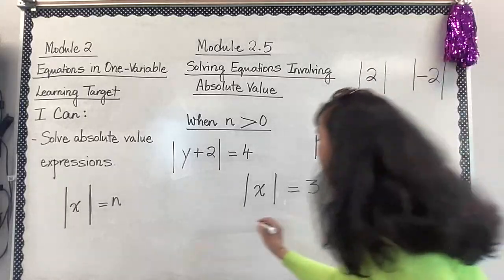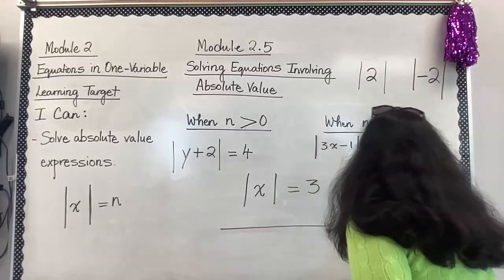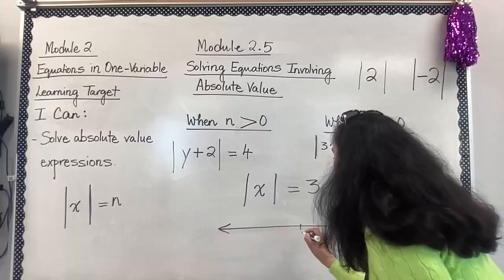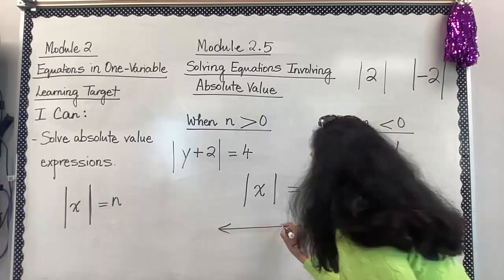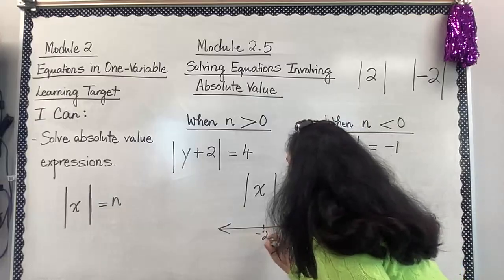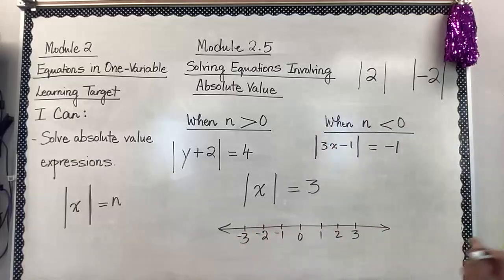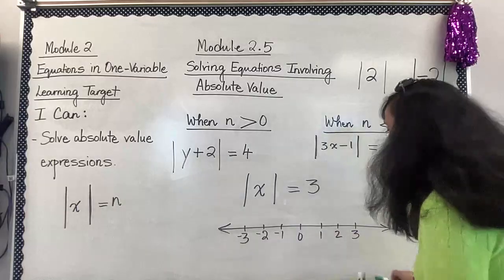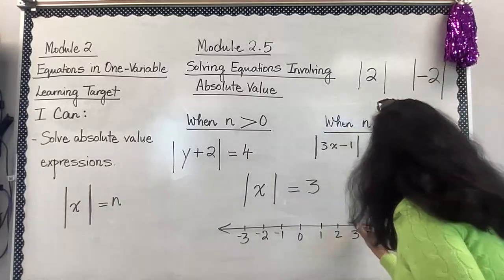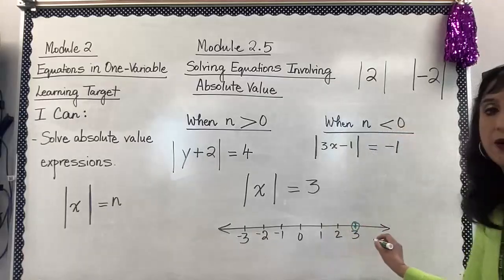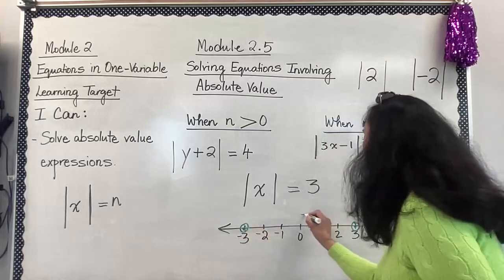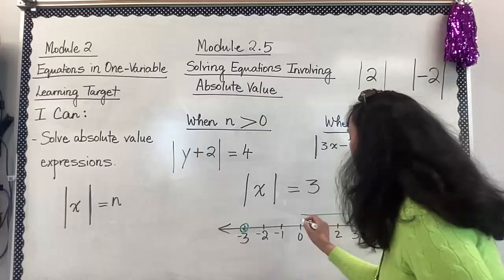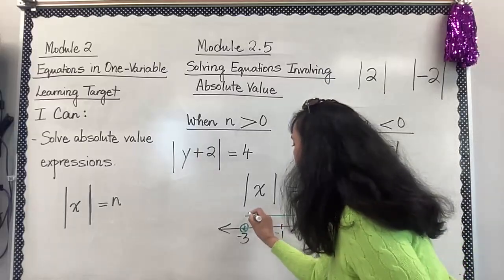So if I draw a number line really quick, and I have 0, 1, 2, 3, negative 1, negative 2, negative 3, and I have 3 here and negative 3 here, and I am looking at this distance, and then I'm looking at this distance.